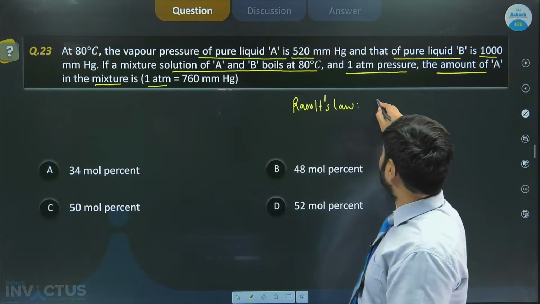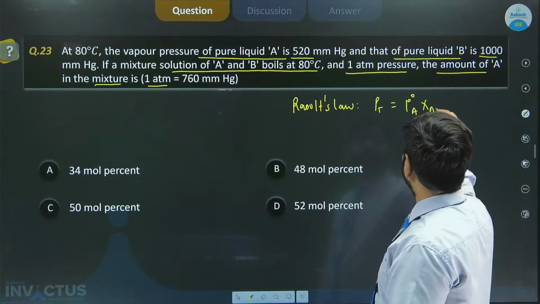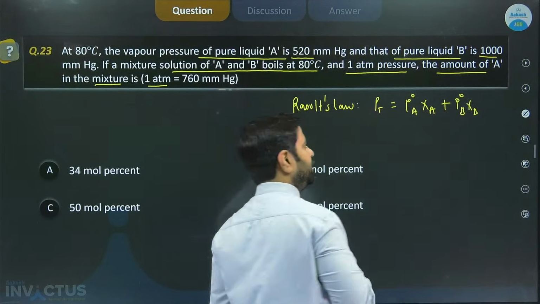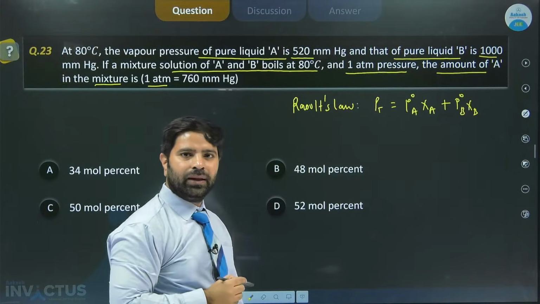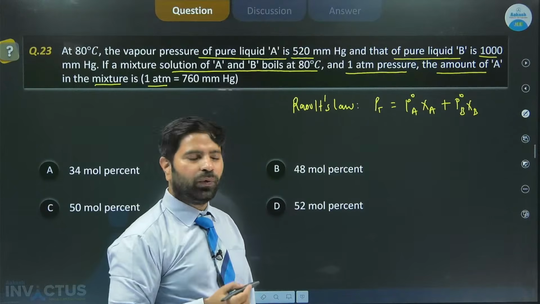Raoult's law: total pressure is equal to P naught A XA plus P naught B XB. XA and XB are the mole fractions of A and B in the liquid phase.